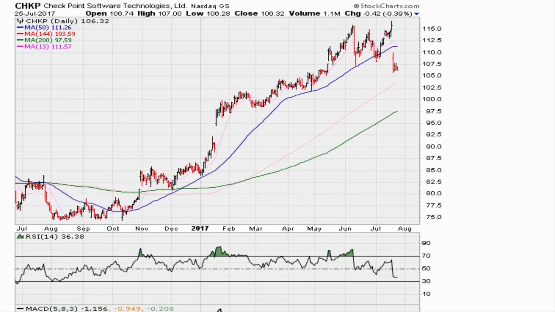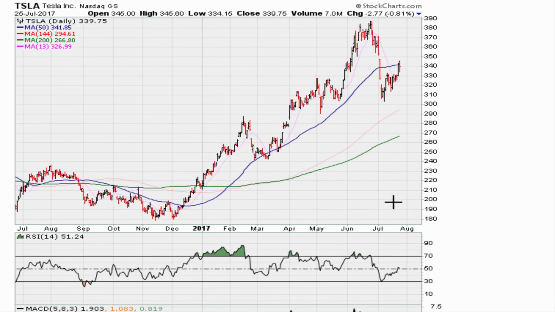Now I want to show you the daily chart for Tesla. And what we see here on the daily chart for Tesla today after the close of July 25th, 2017 is a simple line that the stock is going to have to decide whether it can hold above this line or whether this remains as resistance. Don't forget that we broke below here during this drop.